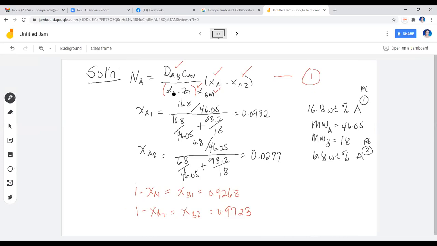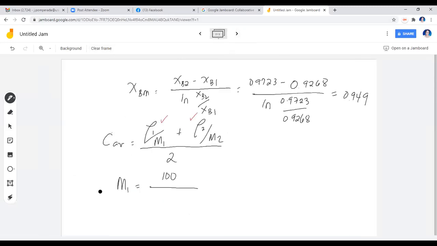So the moles of A at point 1 is, can you please solve this one? I don't have a value to refer this to in here. So we have 16.8 divided by 46.05. So your moles of A at point 1 will be 0.3648. The next question is, what would be the moles of A at point 2?